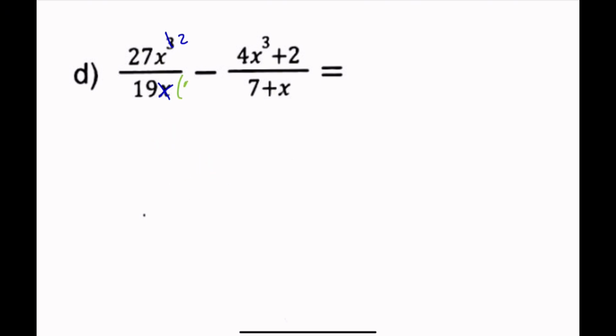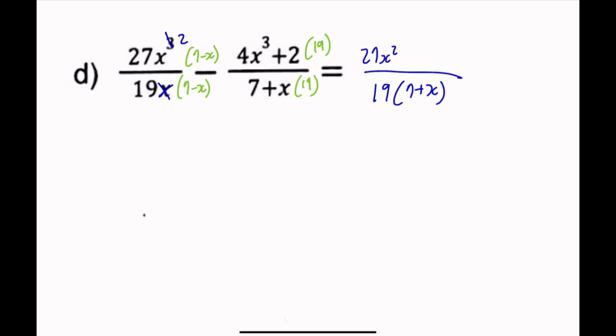Okay, so we have to multiply 7 minus x to the numerator and the denominator. And then over here, we've got to multiply 19, right? And so that means that our common denominator is going to be 19 times 7 plus x, and then 27x squared, so that's this thing, 27x squared, times 7 minus x, right?